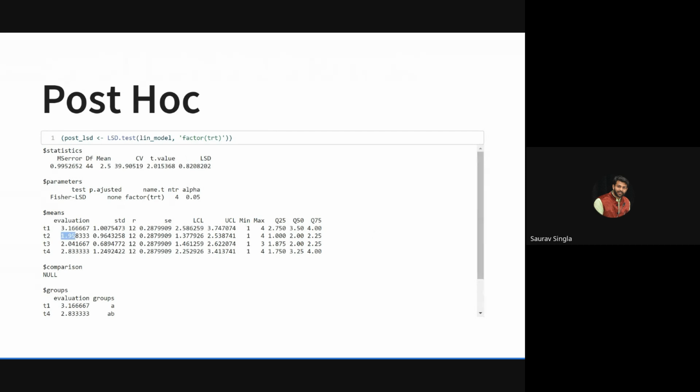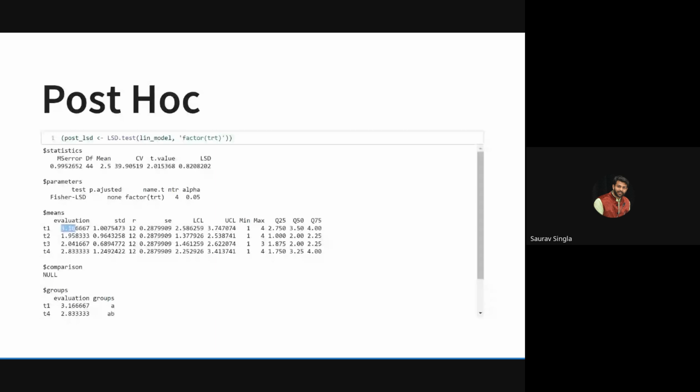The difference between the mean of treatment 1 and treatment 2 is near about 1.2. So what is the CD value? The CD value is 0.82. And what is the difference between the means of treatment 1 and treatment 2? It is near about 1.2. This is a calculation I am making on my own.